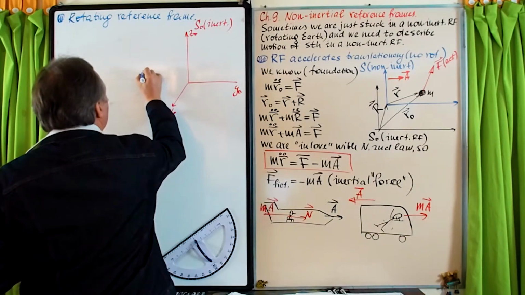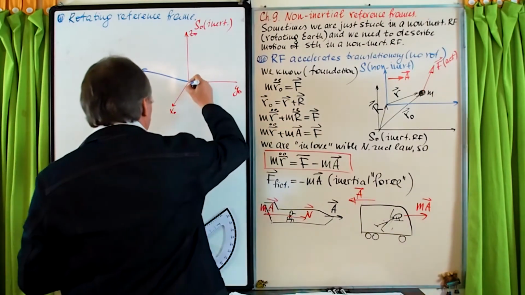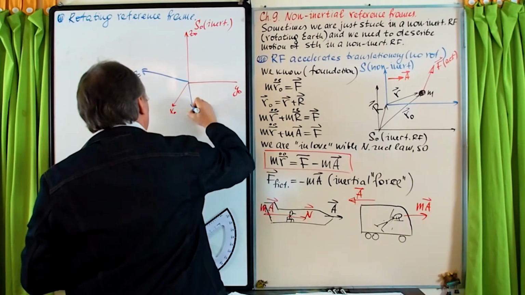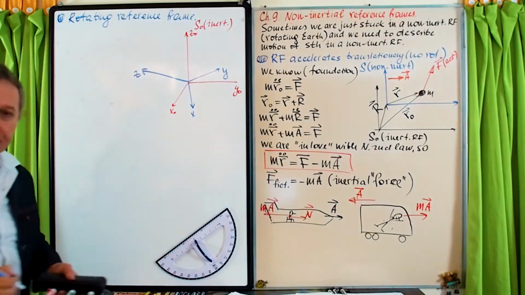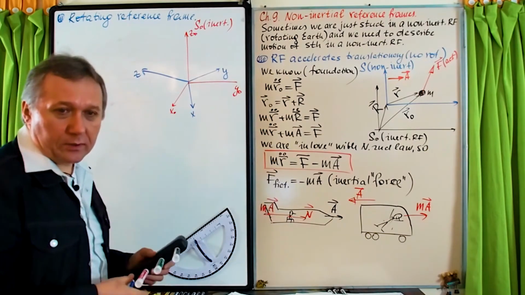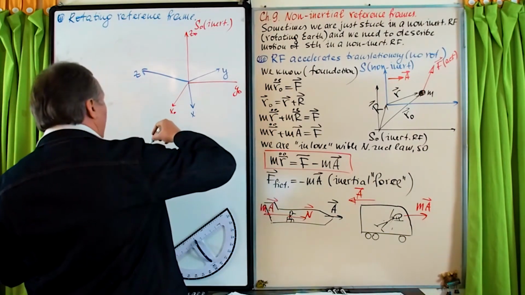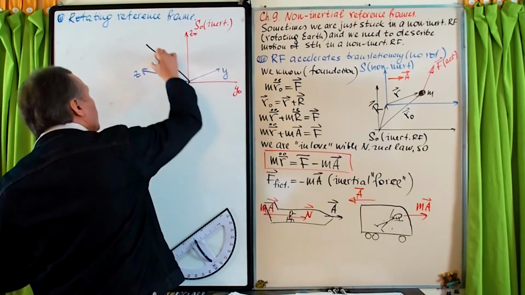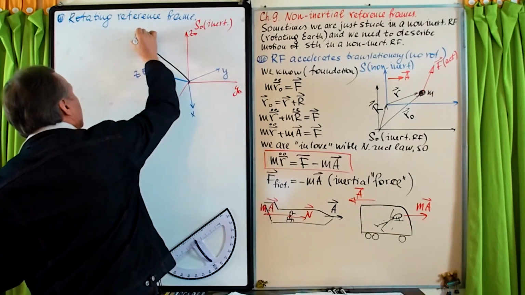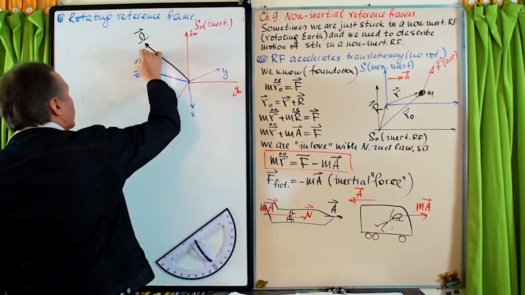Let's assume this is Z, and then somewhere X and Y. This blue non-inertial reference frame is spinning around this axis of rotation with angular velocity omega.